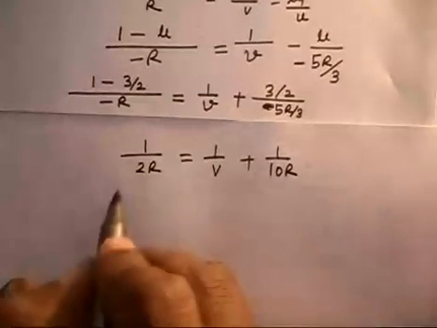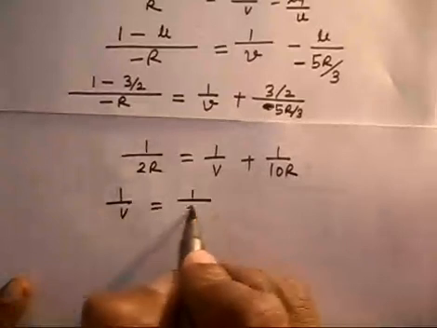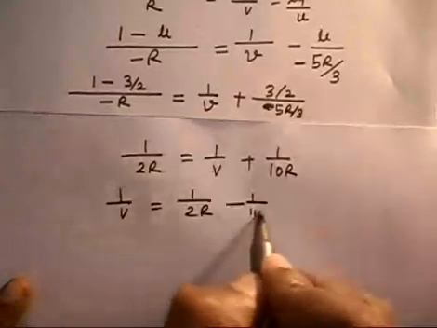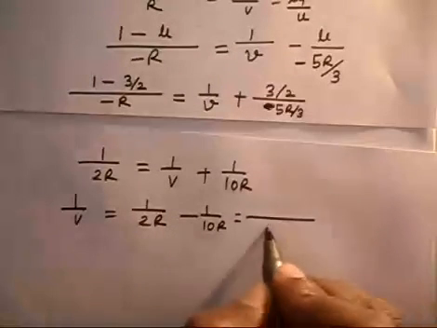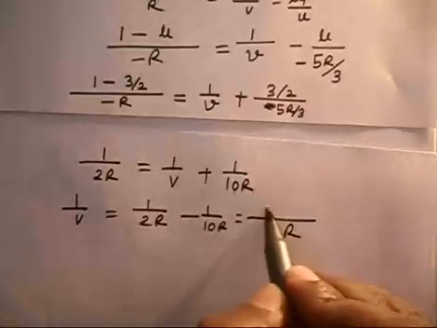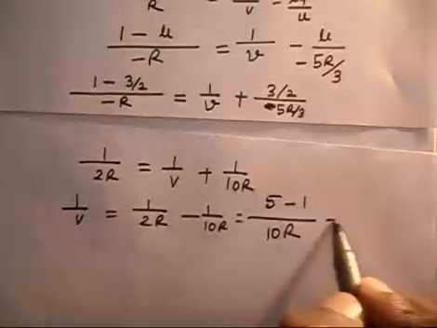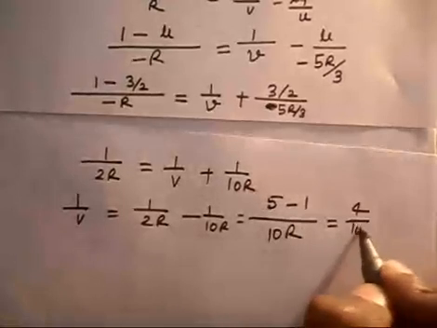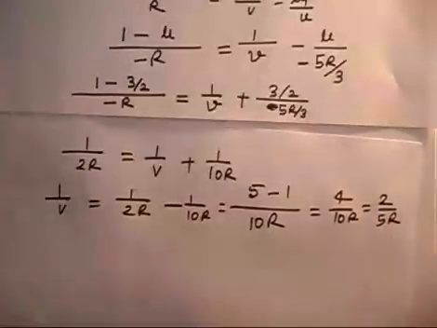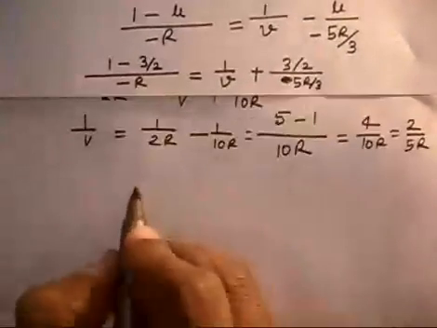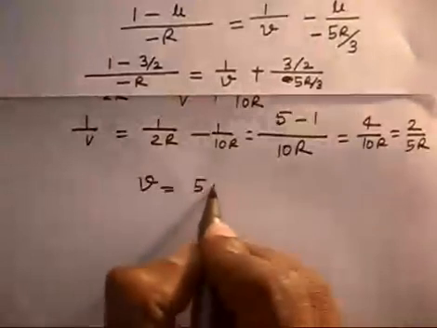So 1 by v is equal to 1 by 2r minus 1 by 10r. If I take 10r common, 5 minus 1, so 4 by 10r, so this is 2 by 5r. So the final image V will be 5r by 2.